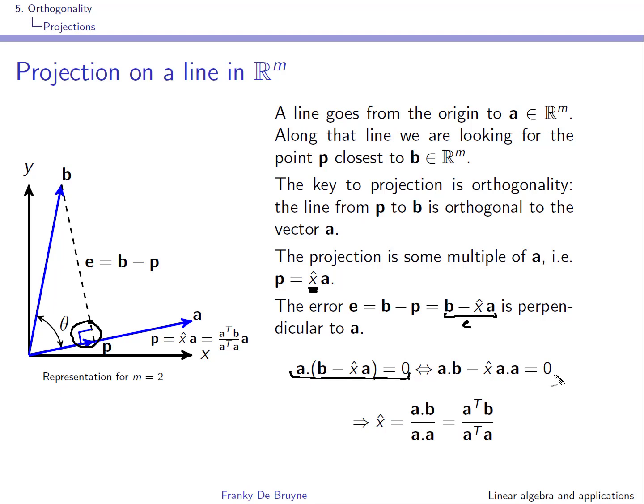Using distributivity, you obtain this equation over here, and now we have to isolate x hat, and this leads to this equation over here. Okay, so this is using the scalar product, and this is using the matrix or vector notations. Without a surprise, it's the same result that we had obtained at the beginning of the course.